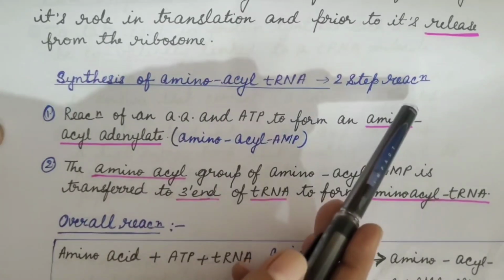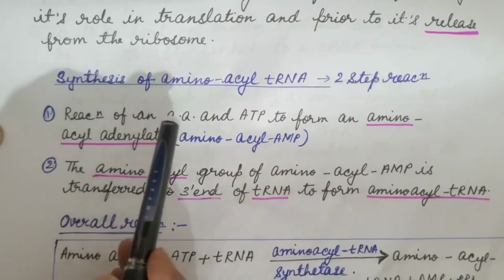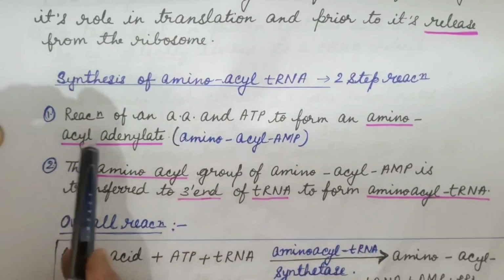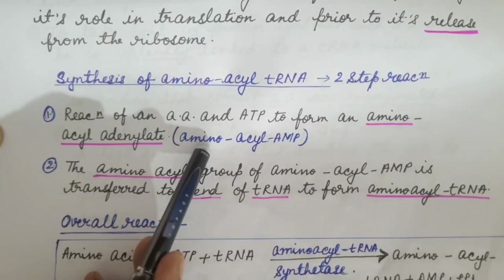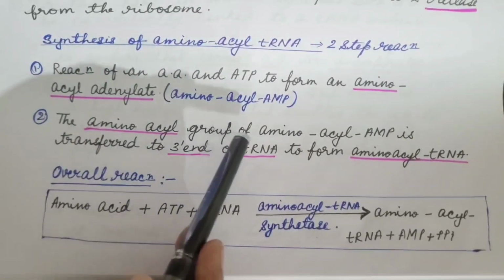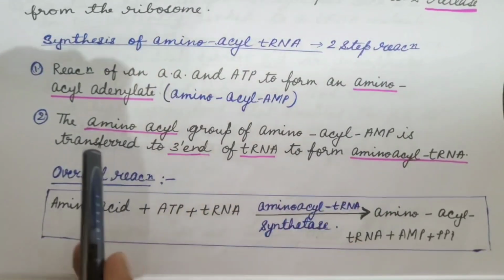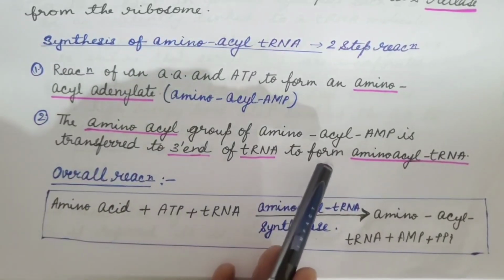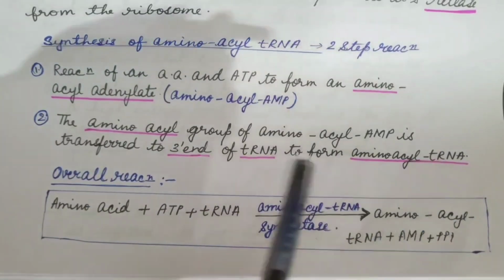It is a two-step reaction. First, reaction of amino acid and ATP to form an aminoacyl adenylate or aminoacyl AMP. Second, the aminoacyl group of aminoacyl AMP is transferred to the 3' end of transfer RNA to form aminoacyl transfer RNA.